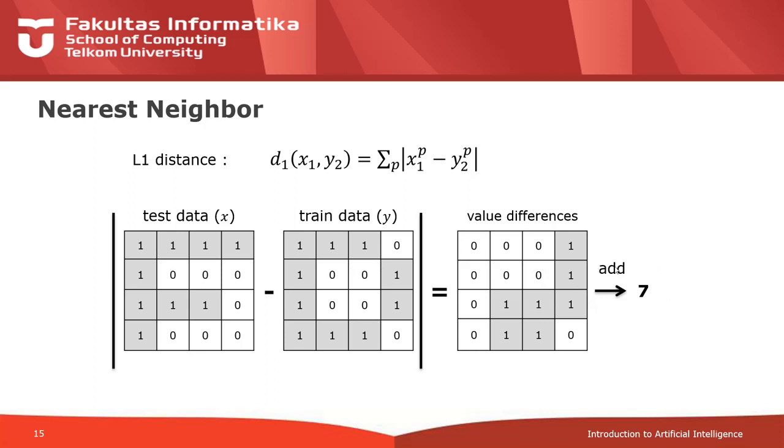That means the L1 distance is 7. And what happens if we have something like this? This is the difference between this one and this one, and the difference is 3.